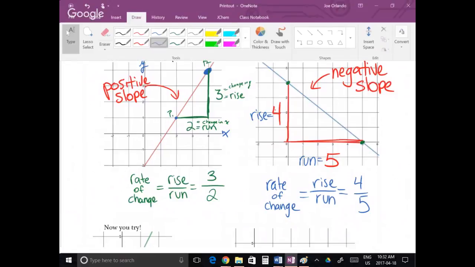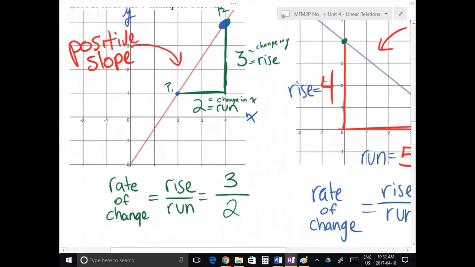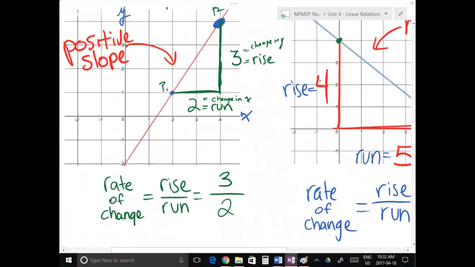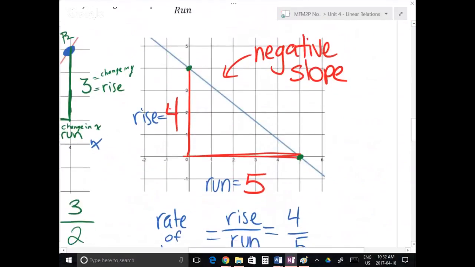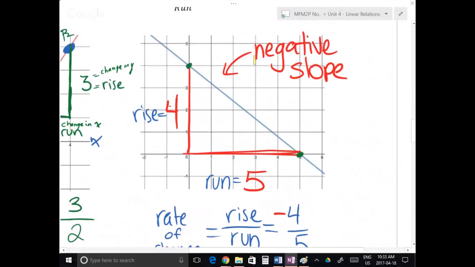But look, we have to go back and look at these numbers. This 3/2, is it positive or negative? It's positive. I can leave it alone. But this 4/5, it's negative. And so I have to make it a negative number because it's a negative slope.